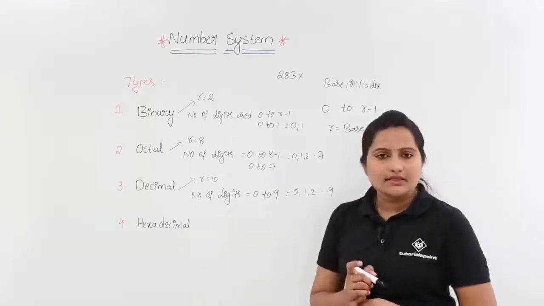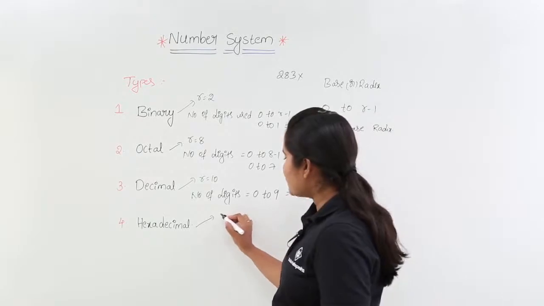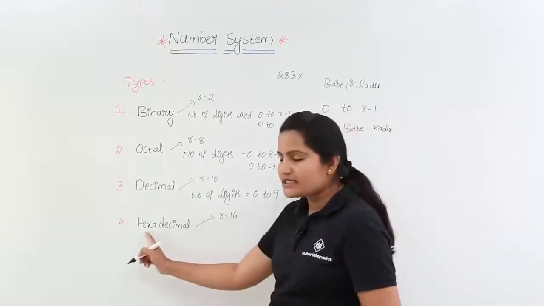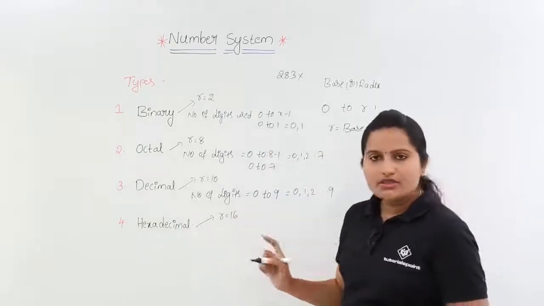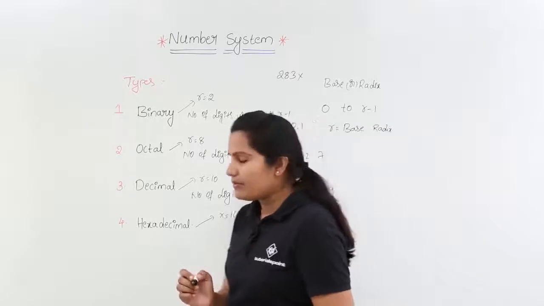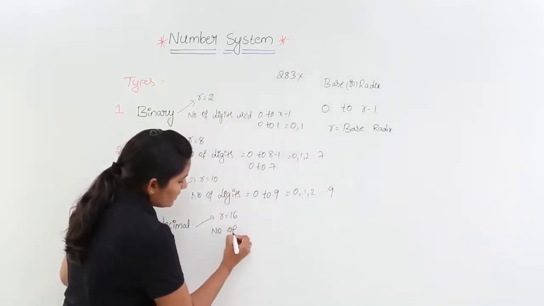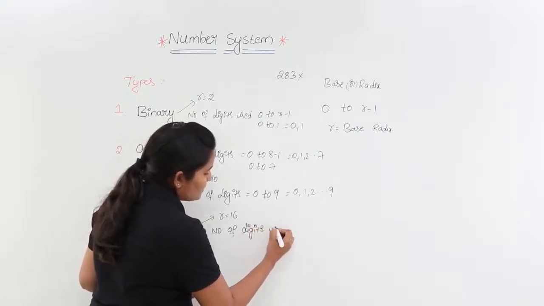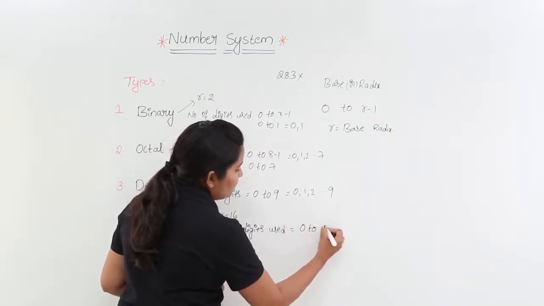Coming to the hexadecimal number system, here the base or radix r is equivalent to 16. That means the value representing hexa is nothing but 16. The digits used are 0 to r minus 1, that means 0 to 15.